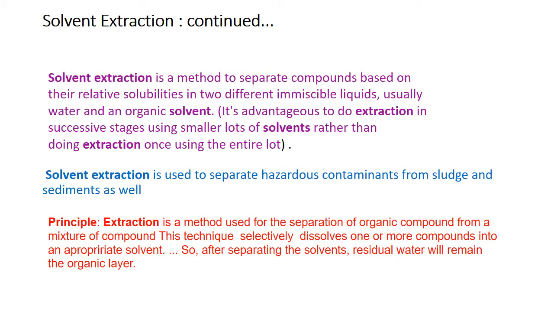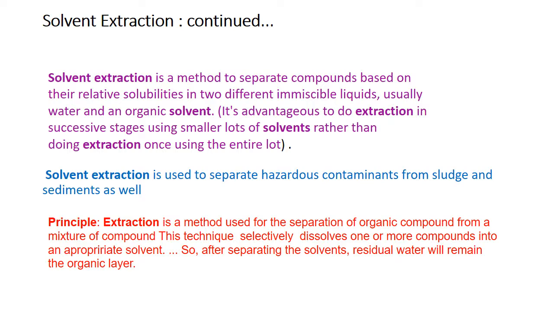What is the principle? The method is based on the difference in the relative solubilities of the terpenoids in two different immiscible liquids. These two liquids must be immiscible in one another.